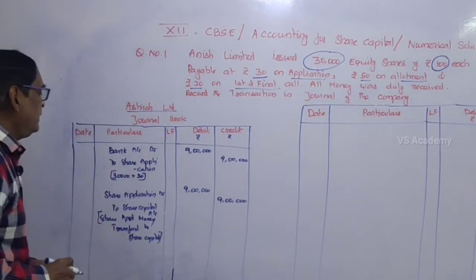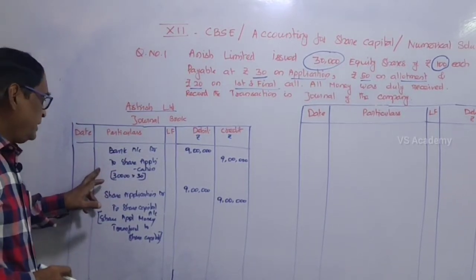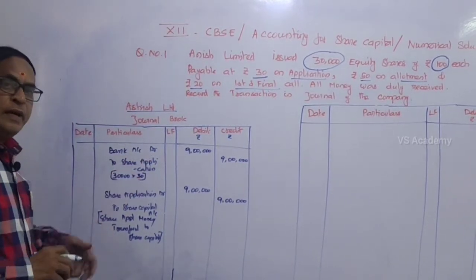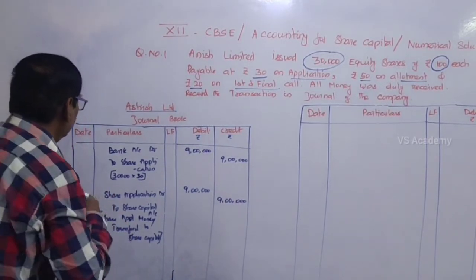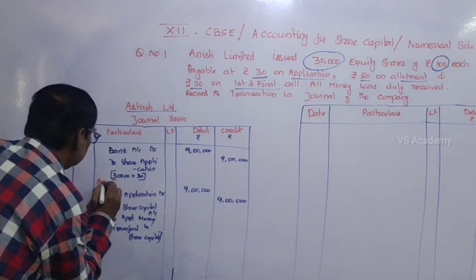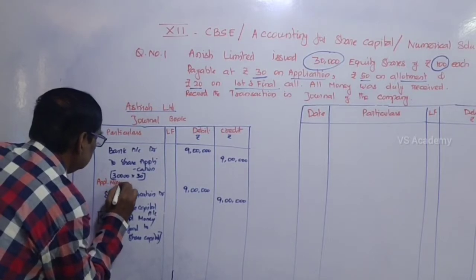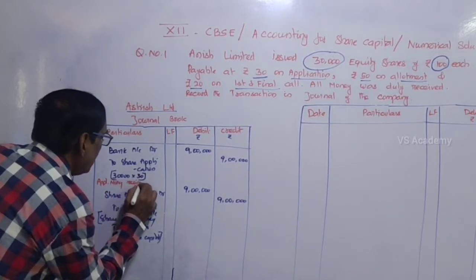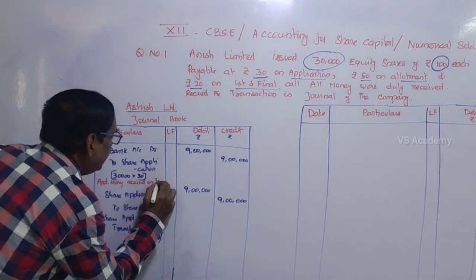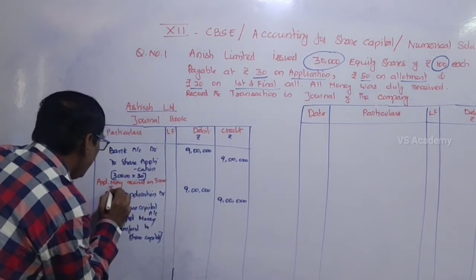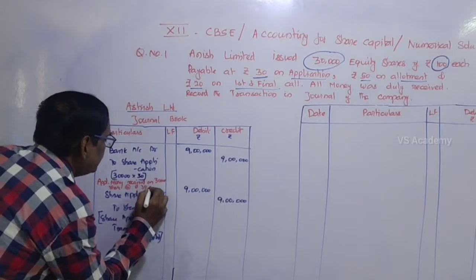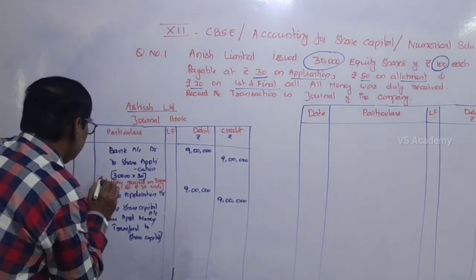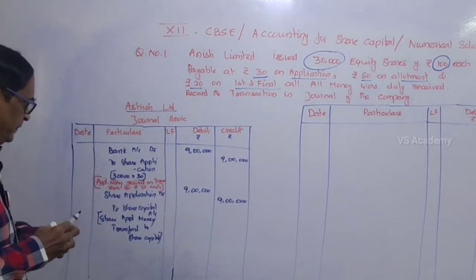This is a narration; here also we have to write a narration: share application money received on 30,000 shares at rupees 30 each. This is the first narration.